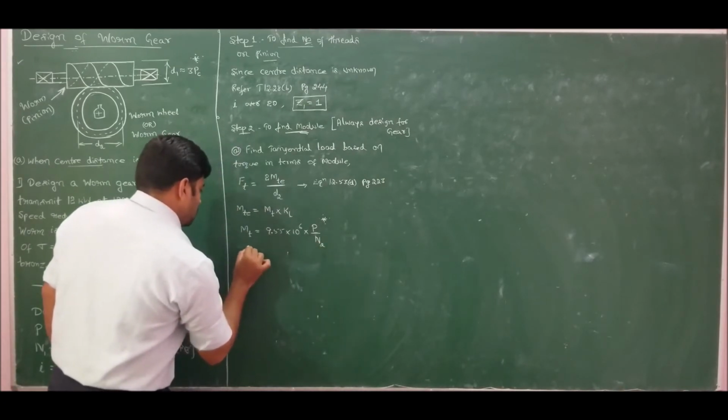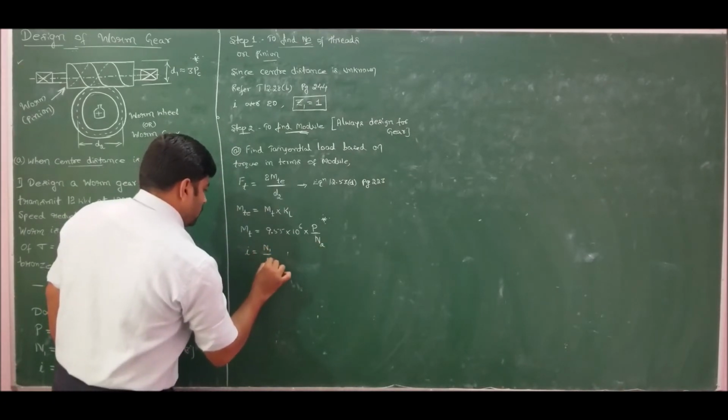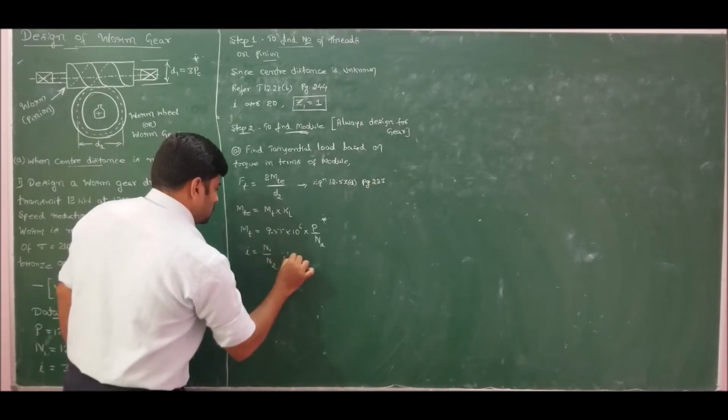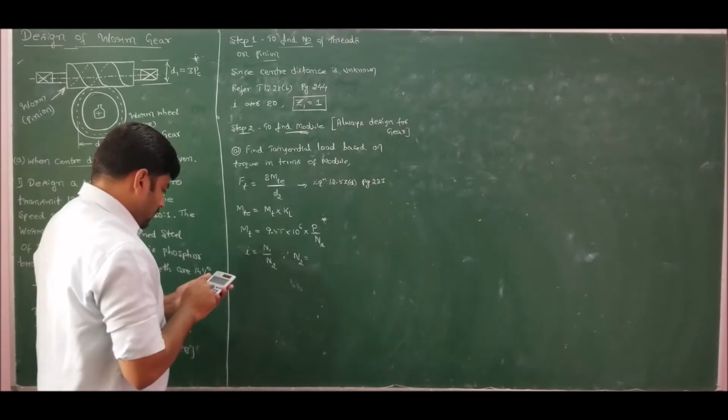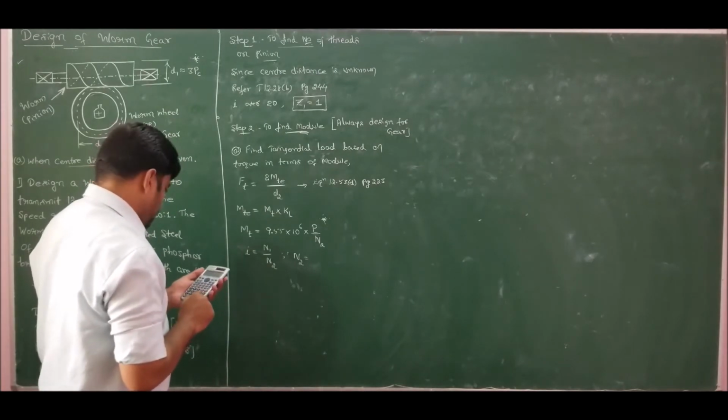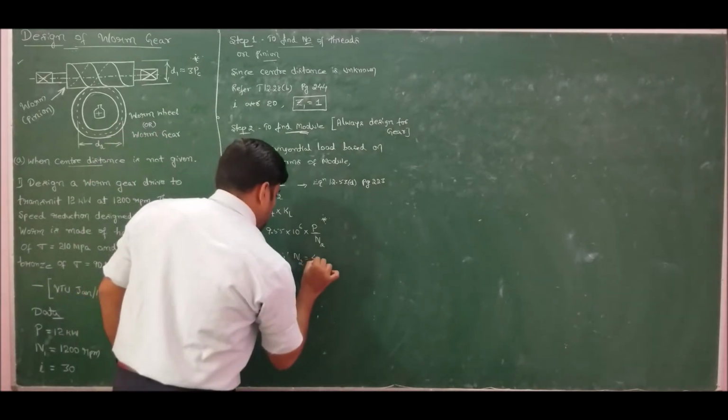We know that i is equal to N1 by N2, hence N2 will be 1200 divided by 30, which is nothing but 40 RPM.